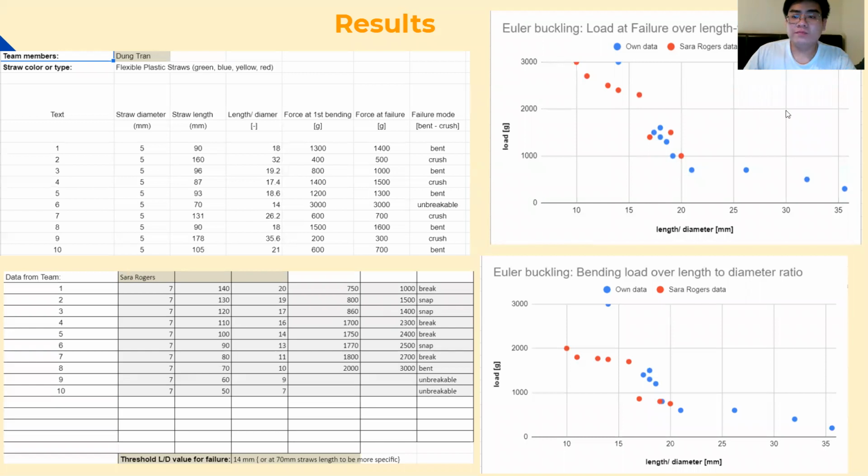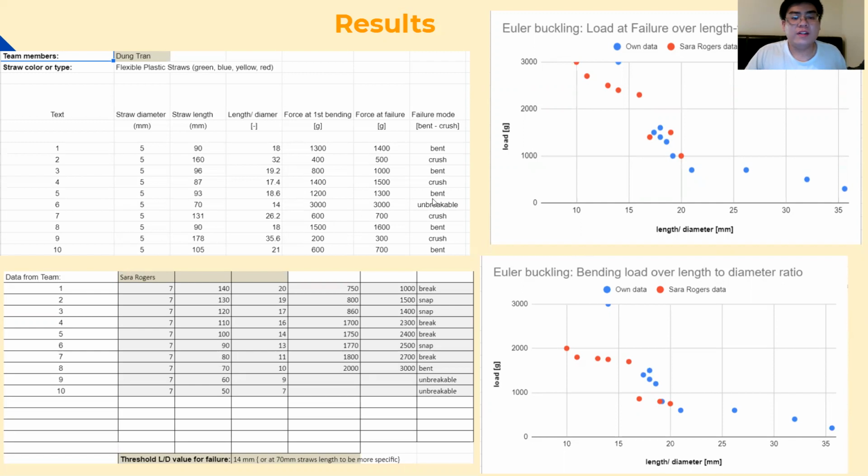For my results, as you can see, this is my own data, and this is my teammate's data. Her name is Sarah. The first picture is for both of our data: the first one is our load of failure, and this one is our bending load.